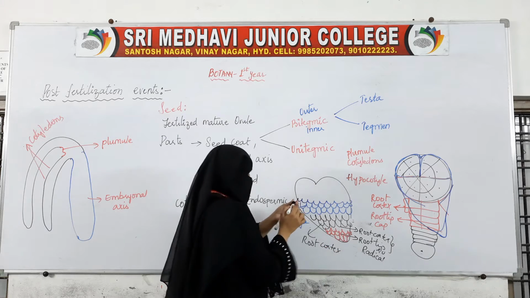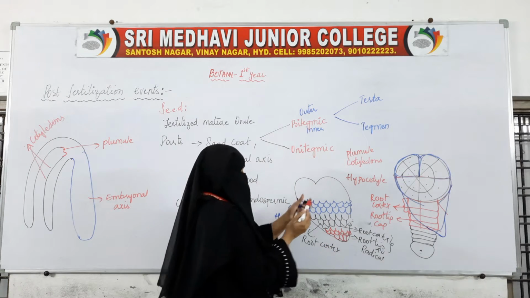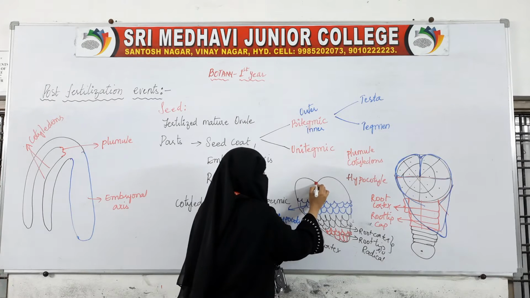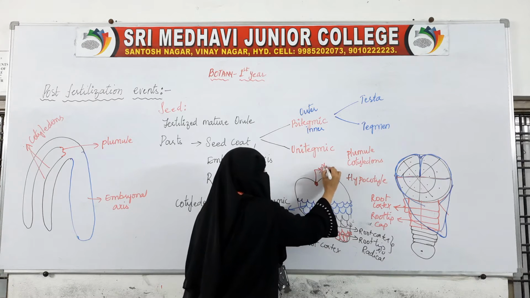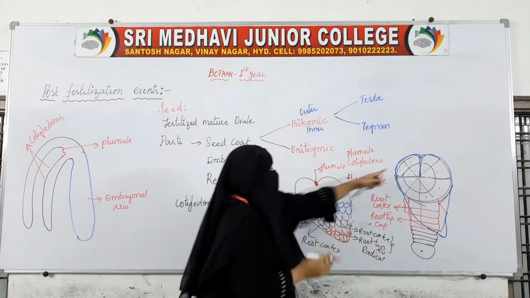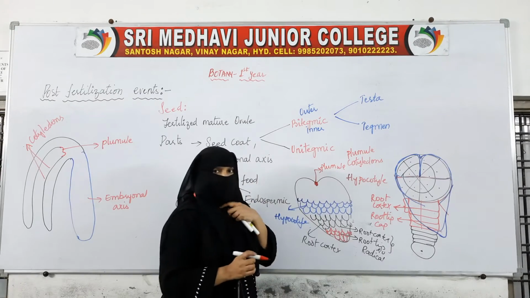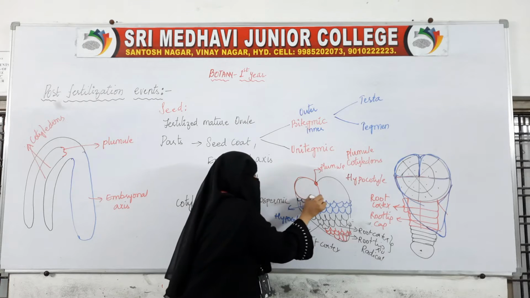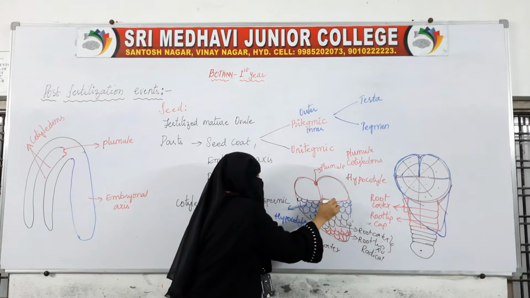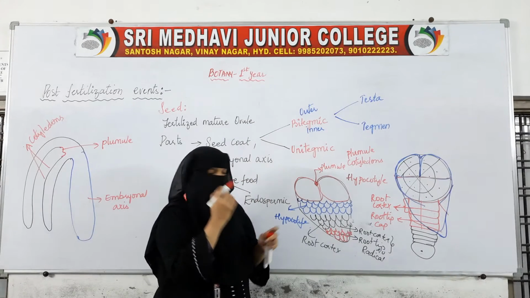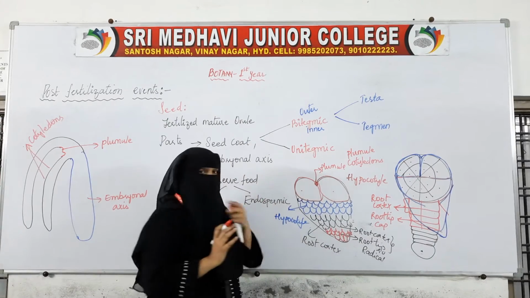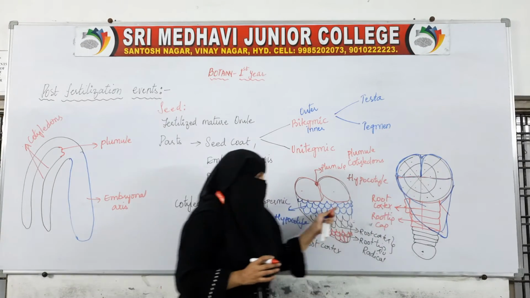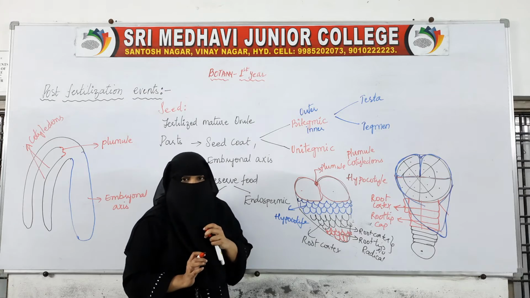And from here, this tip is the plumule. From here the plumule arises, and this part will change into one cotyledon, this part into another cotyledon. So these two are the cotyledons. So the pro-embryo has changed into a heart-shaped embryo.